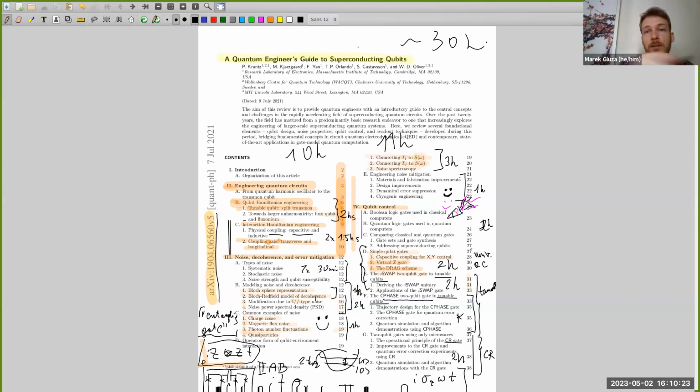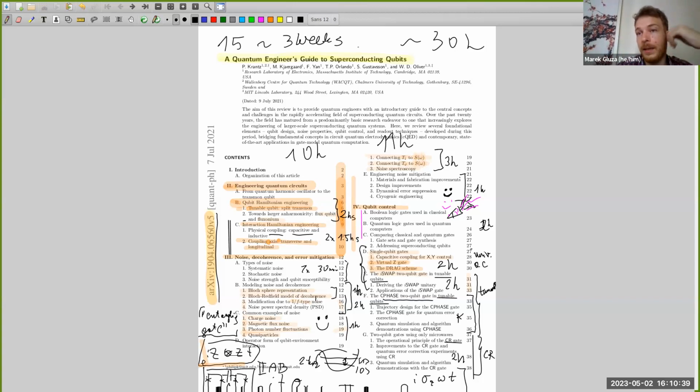So if you're reading 2 hours per day, it's 15 days. If you're working 7 days a week, then it's around 2 weeks. If you're working 5 days, then it might be 3 weeks of reading.